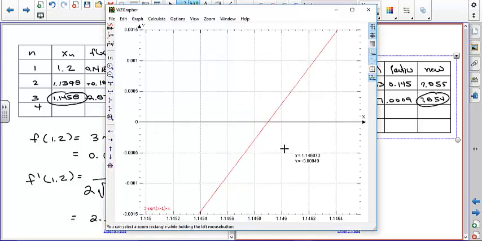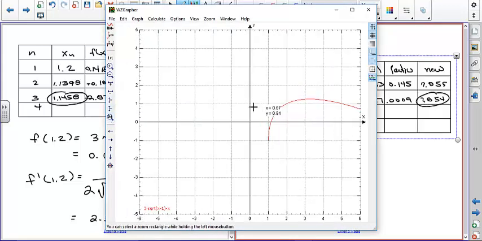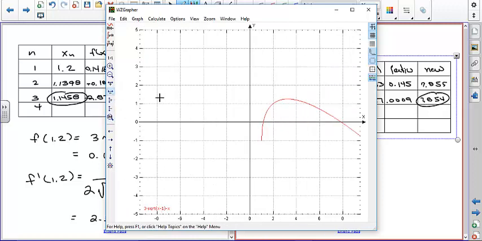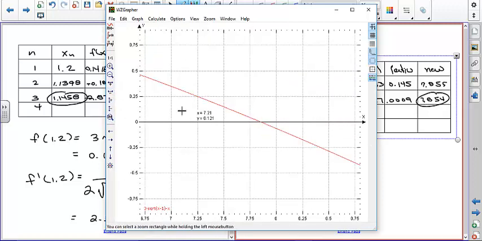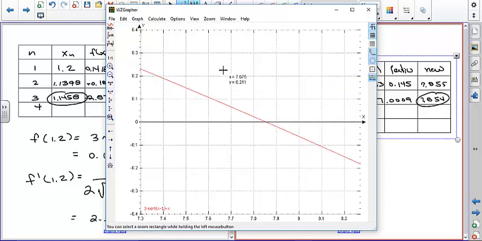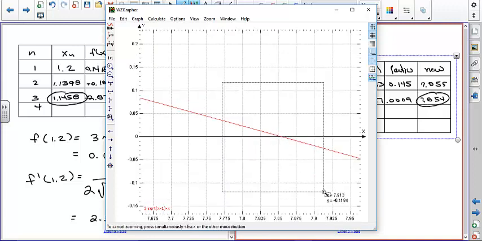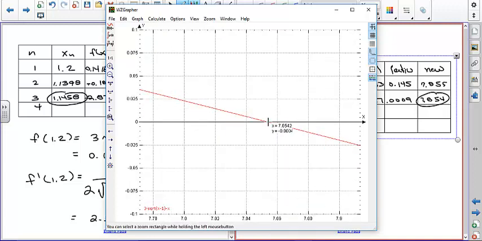So that's good. And then if we zoom in on the other point, so we just keep zooming in a few times, and every time you do that you get more accurate results. So then I put my cursor right here, and it says it's 7.8542, which is 7.8542. So there we did it.